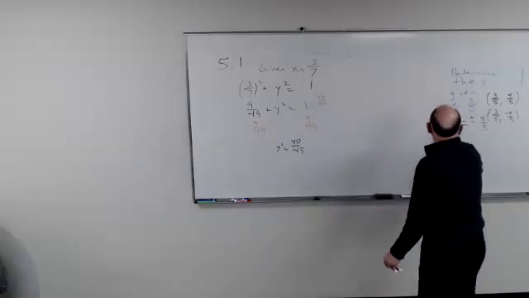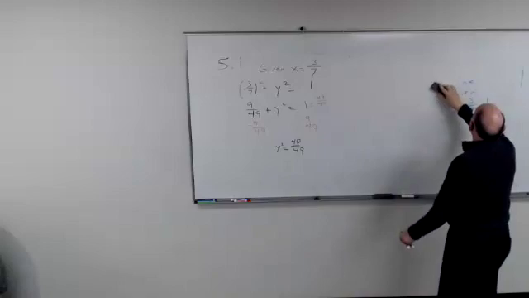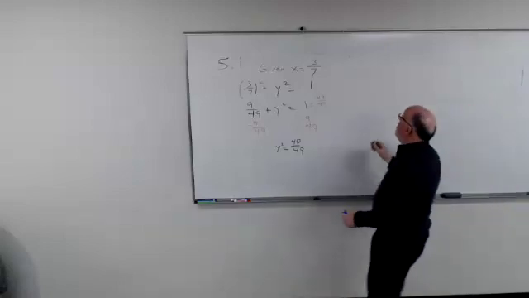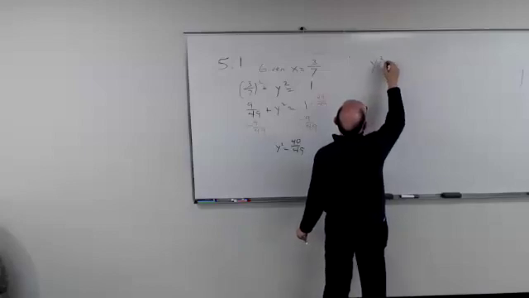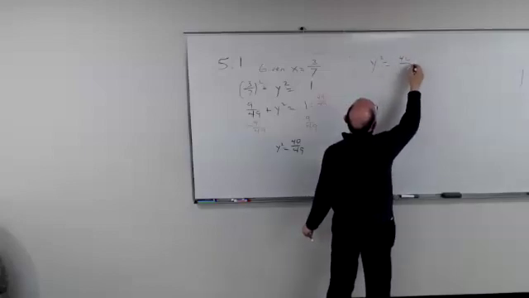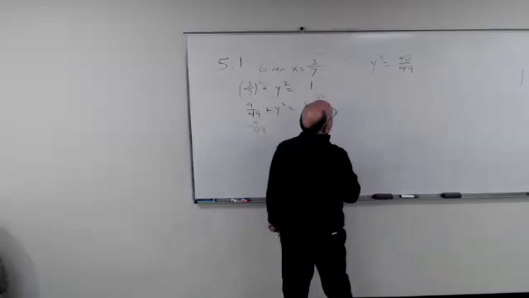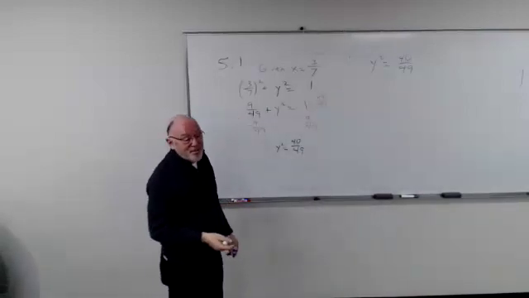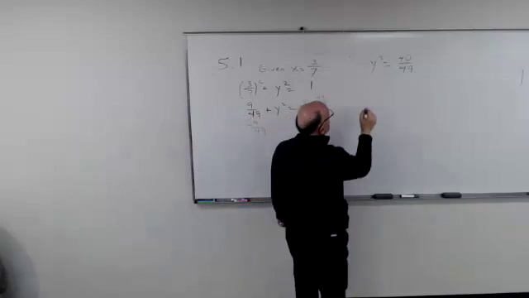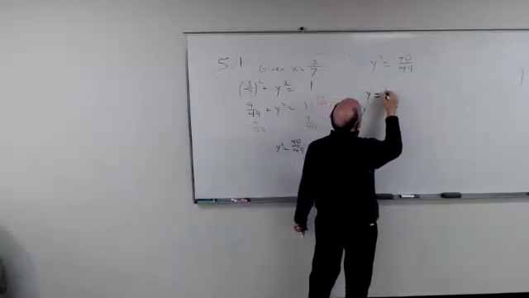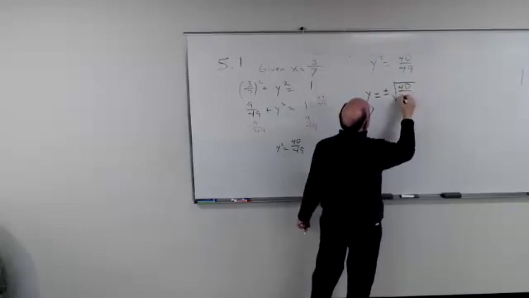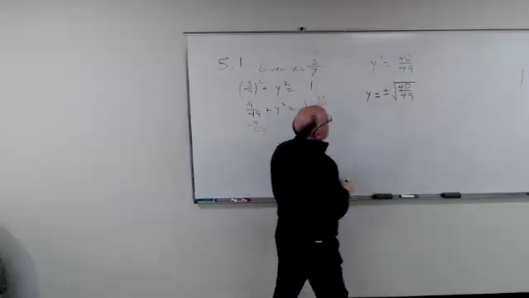I want to get this out of the way so I can bring that up higher and make it easier for the people in the back to see. We have y squared equals 40/49. Again, the opposite of squaring is to find the square root, so y is going to be plus or minus the square root of 40/49.